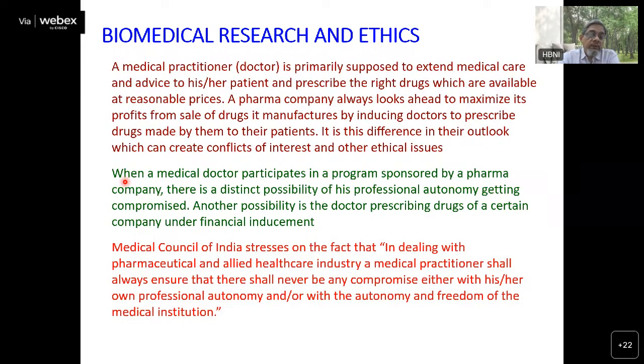Because of this, the Medical Council of India stresses that in dealing with the pharmaceutical and allied healthcare industry, a medical doctor shall always ensure that there shall never be any compromise either with his or her own professional autonomy or with the autonomy and freedom of the medical institution there.